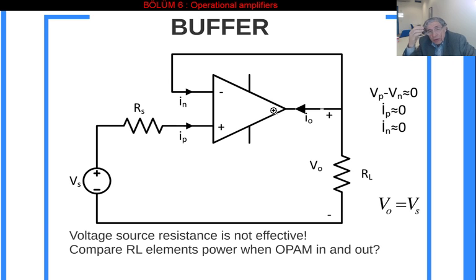Now consider for a while, imagine that you remove all this operational amplifier and connect that RS resistor in series to RF. So what's going to happen is this. You can consider this series-connected VS independent voltage source and RS as a Thevenin equivalent circuit of a given circuit.